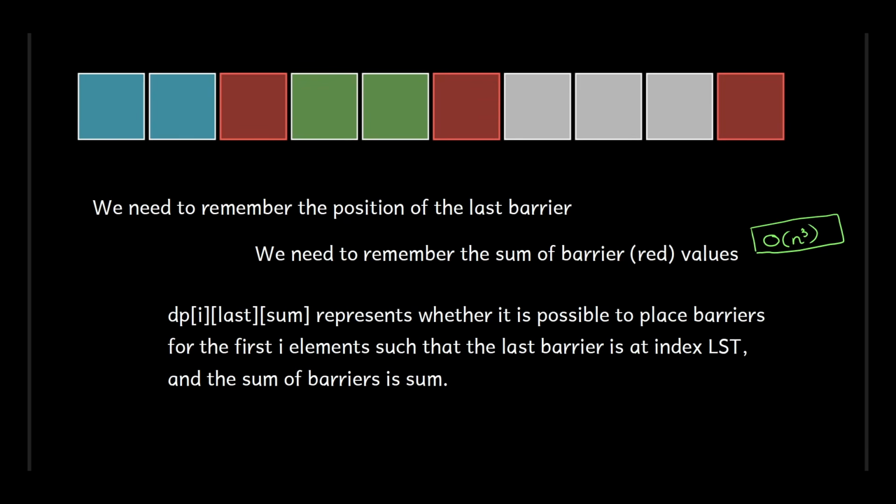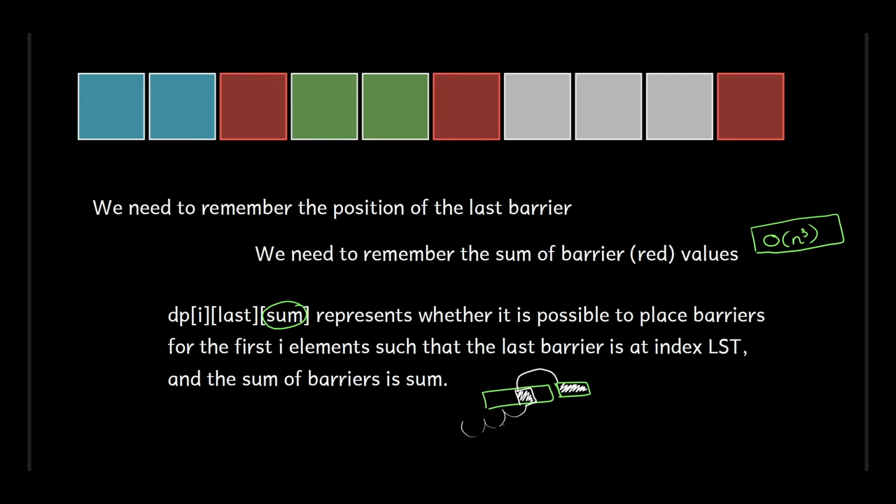So to do better, you can notice that if I don't give you this parameter in your DP, can you still solve this problem? Because previously we saw that when you want to append an element, so you have this array and you want to append an element over here, you need to know the position of the last barrier, and then you also need to know the sum of all the elements of the barrier.